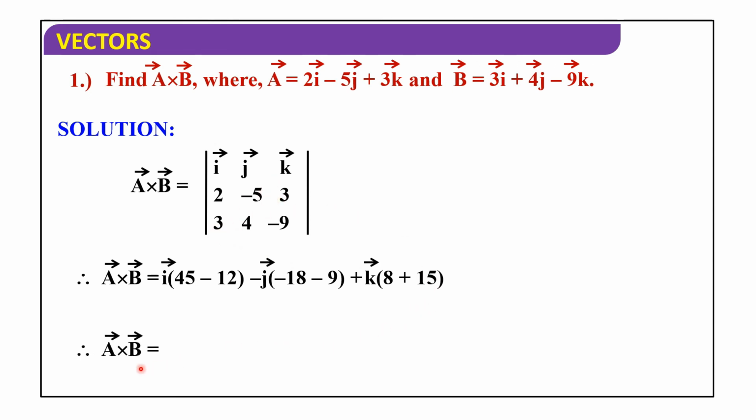So a bar cross b bar is equal to 33 i cap plus 27 j cap plus 23 k cap. Here 45 minus 12 is 33, minus 18 minus 9 is minus 27, minus into minus plus, so plus 27 j cap. Here 15 plus 8 is 23 k bar.